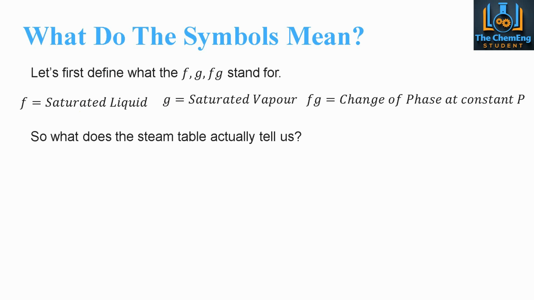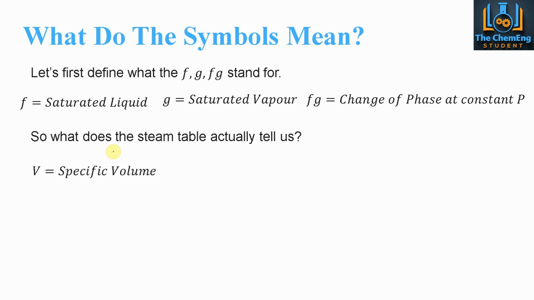So what does the steam table actually tell us? Well, V is normally denoted by lowercase or uppercase, it doesn't really matter. Here I'm just going to denote it by capital, just so that it stands out, but sometimes on the tables it will be denoted as lowercase. V is known as the specific volume, i.e. the specific volume of saturated liquid or saturated vapour that this system will enclose for that saturated temperature and pressure.